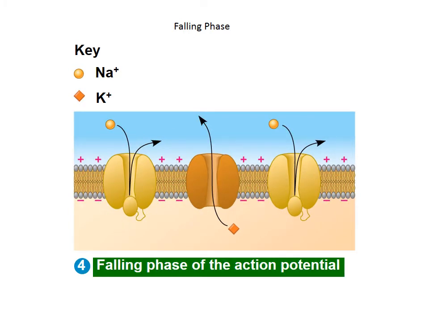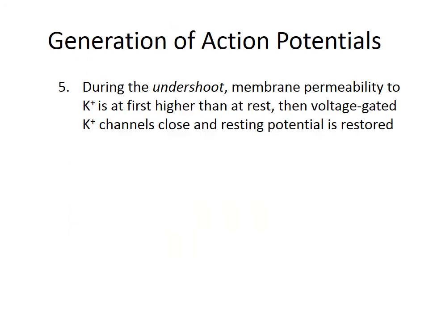And then in the falling phase of the action potential, the sodium channels are now closed, and the potassium channels are open. And then in the undershoot, the membrane permeability to potassium ions is at first higher than at rest, and then the voltage-gated potassium channels close, and the resting potential is restored. So that was the fifth part.